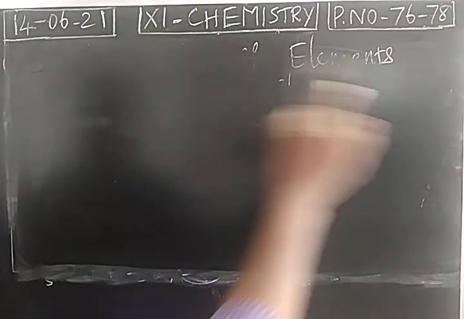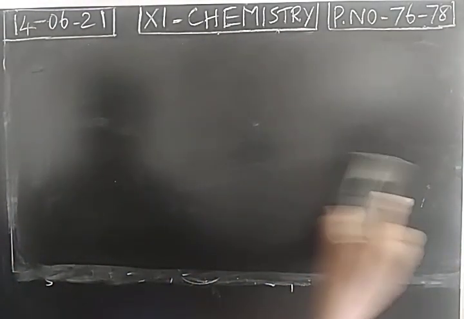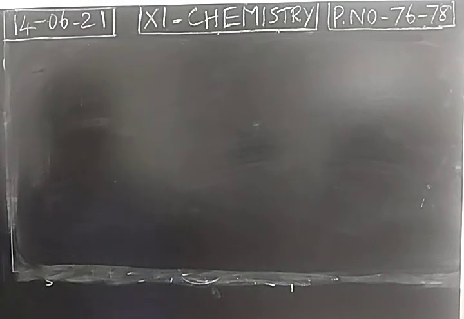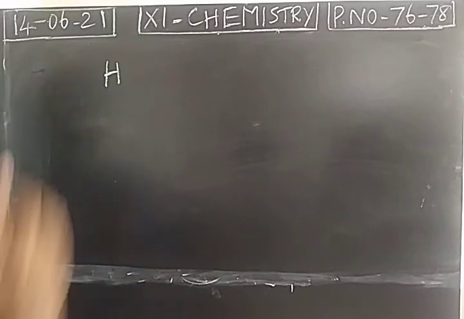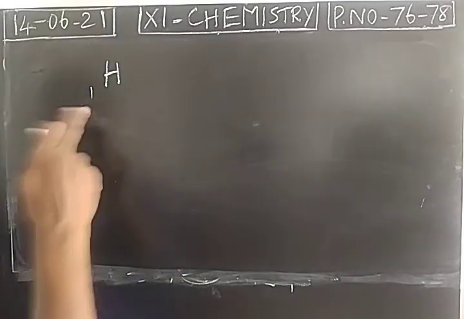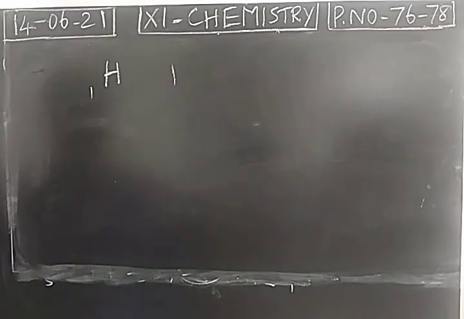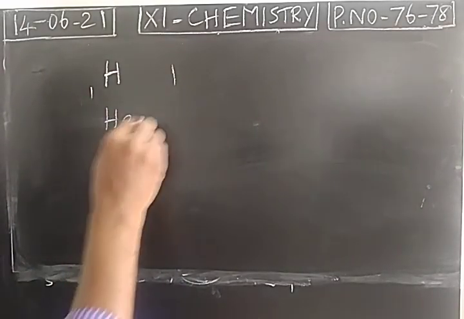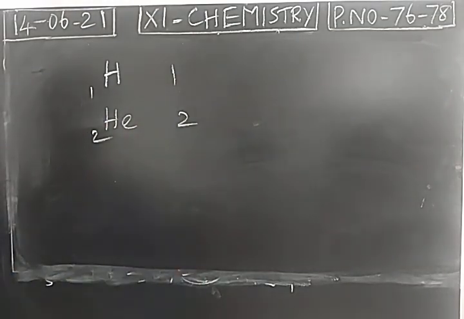First, we have to know how to write the electronic configuration for an element. In lower classes, you have written electronic configuration based on only shells. For a simple element, hydrogen, atomic number is 1, and the electronic configuration is written as 1. For helium, the electronic configuration is 2.